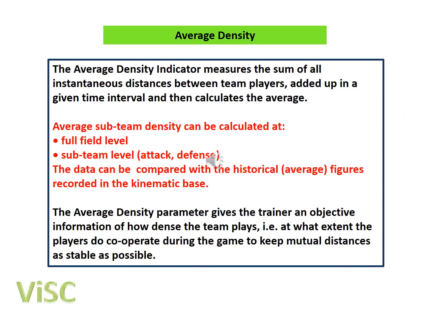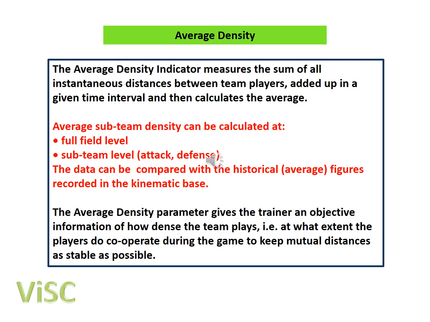The average density indicator measures the sum of all instantaneous distances between team players, which are then added up in a given time interval to calculate the average. The average sub-team density can be calculated at full field level or at single sub-team level during the phases of attack and defense.